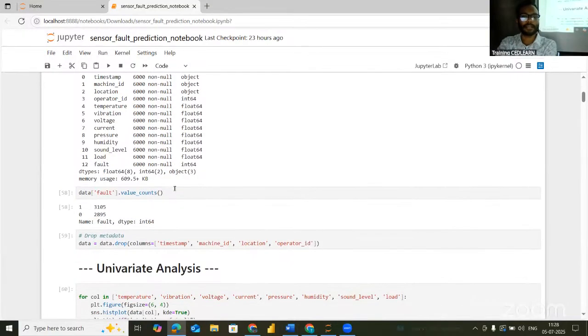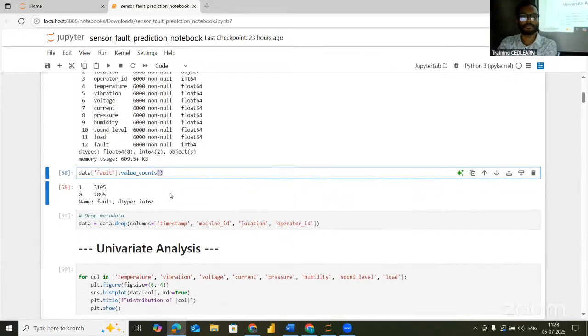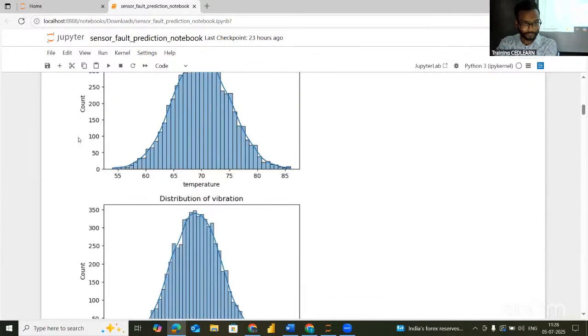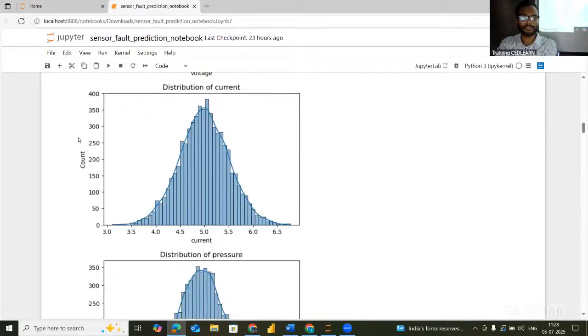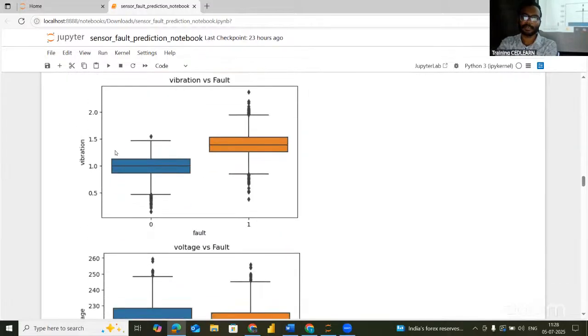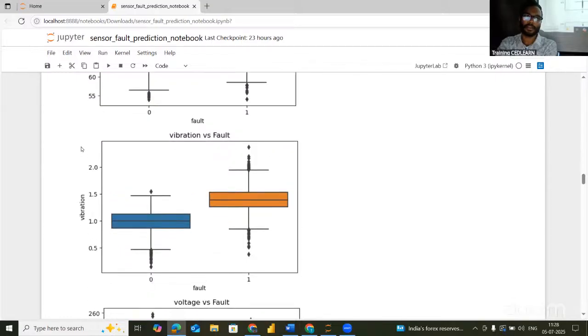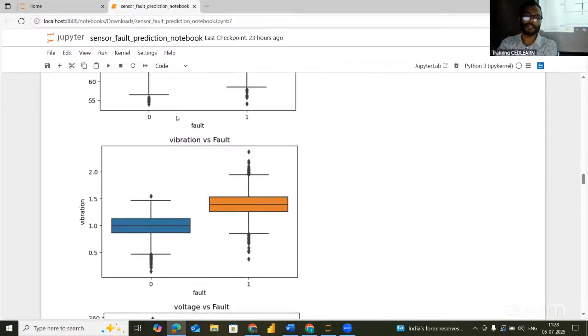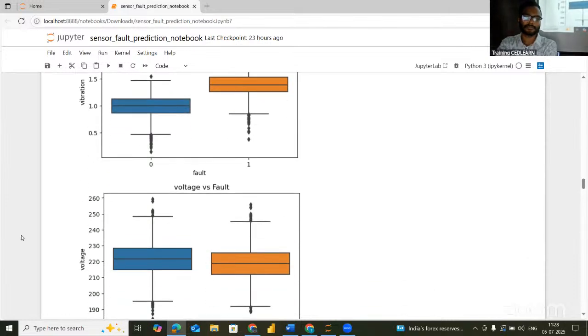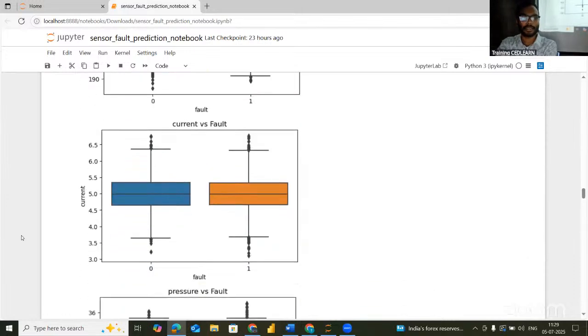So this is our target: how many faults and how many non-faults. These are the distributions. These are the box plots where we are mapping across the target variable to see how it is affecting and how they are actually related.